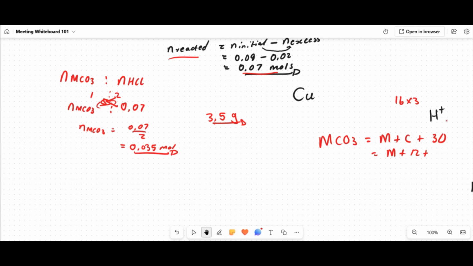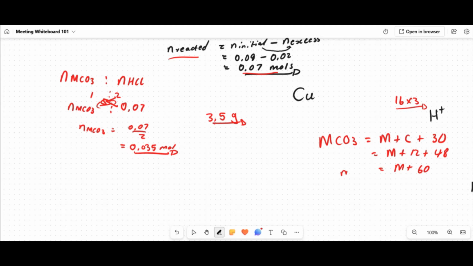It is also important to know the molar masses by heart so that you don't waste time in the exam looking at the periodic table. So just know them by heart. 16 times 3 is 48. So what you will see here is M plus 12 plus 48, which is 60.